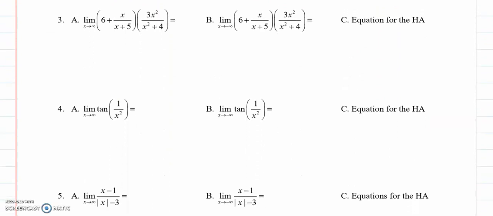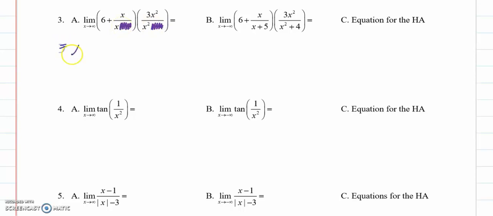Number 3. This one looks scarier than it is. You're going to cross out the things again that won't matter when you go to infinity. And that's really only paying attention to the two fractions first. So looking at the first fraction, the plus 5 will not matter, but you're always adding 6 to this fraction. So that's the part that matters. In this second fraction, the plus 4 won't matter.